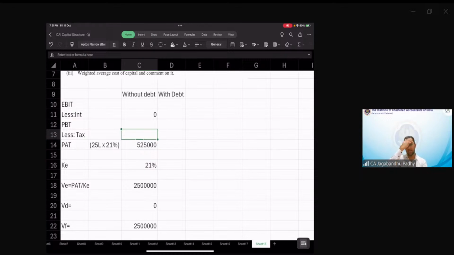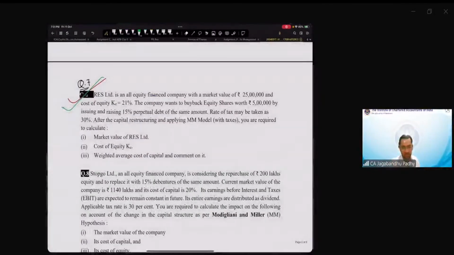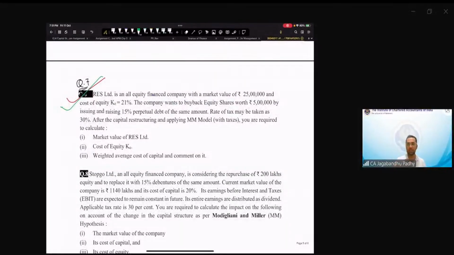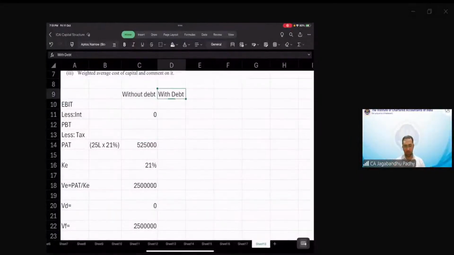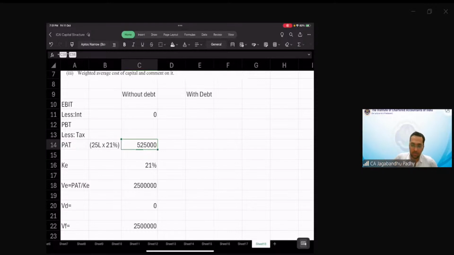Now we can do the reverse calculation, guys. What's the tax rate? Tax rate is 30%. So by doing the reverse calculation, can you tell me what is the tax and what is the PBT? So 5,25,000 is a PAT. By doing the reverse calculation, can you tell me what's the profit before tax?